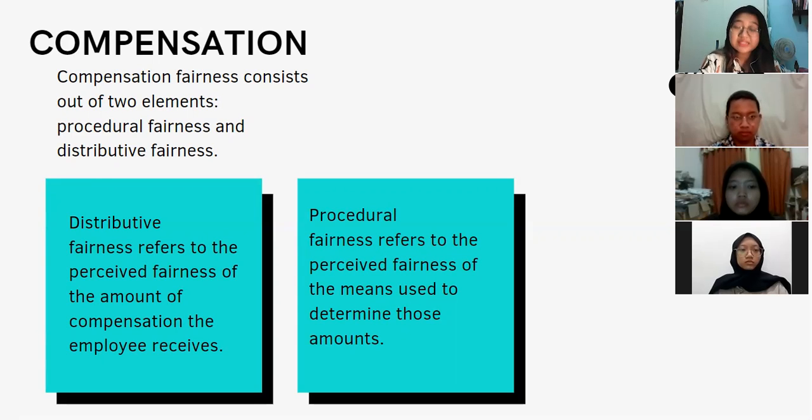First, distributive fairness refers to the perceived fairness of the amount of compensation the employee receives. The second one is procedural fairness, which refers to the perceived fairness of the means used to determine those amounts.